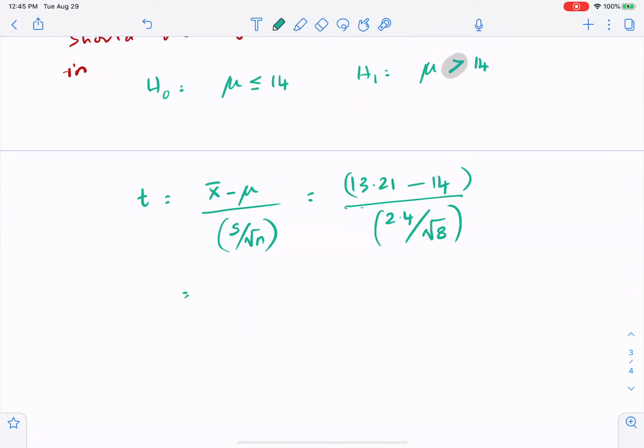So 0.79 divided by 2.4. Approximately, I'm thinking perhaps about 0.86. You have the calculator, so divide this, it should be about 0.86. Or is it? No, take that back. Less than that.